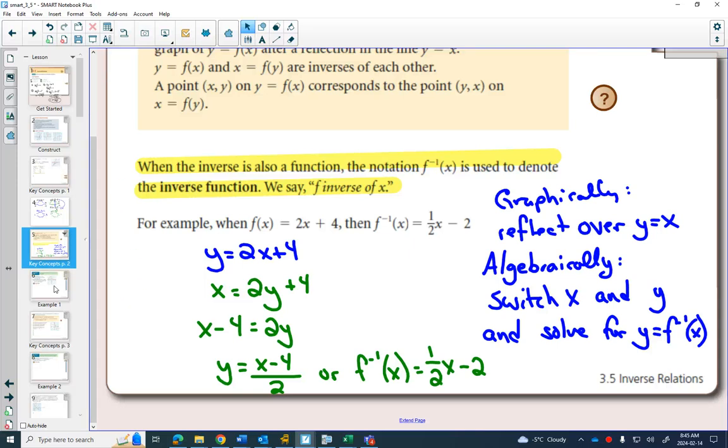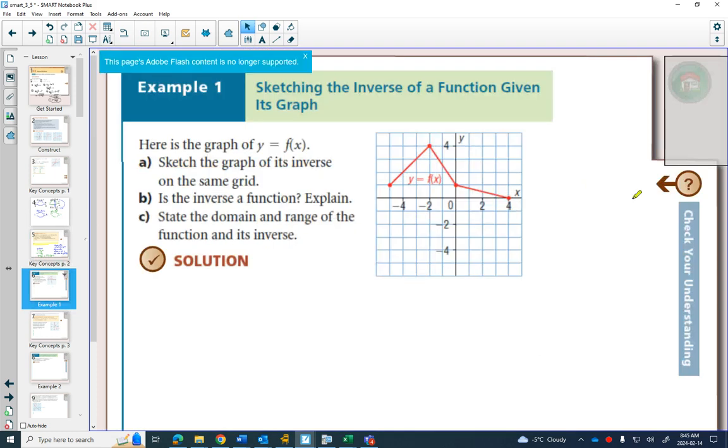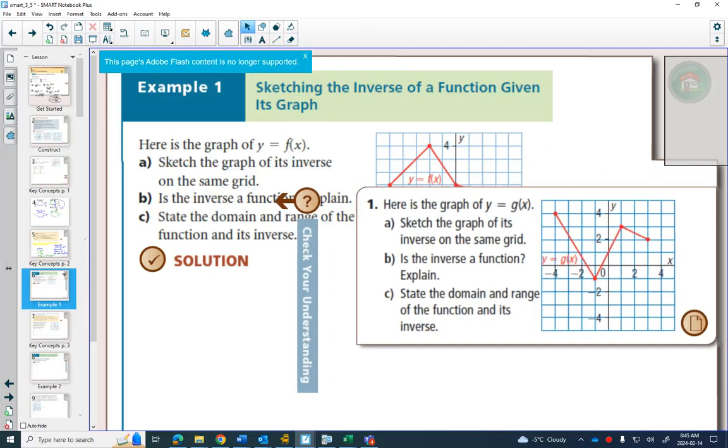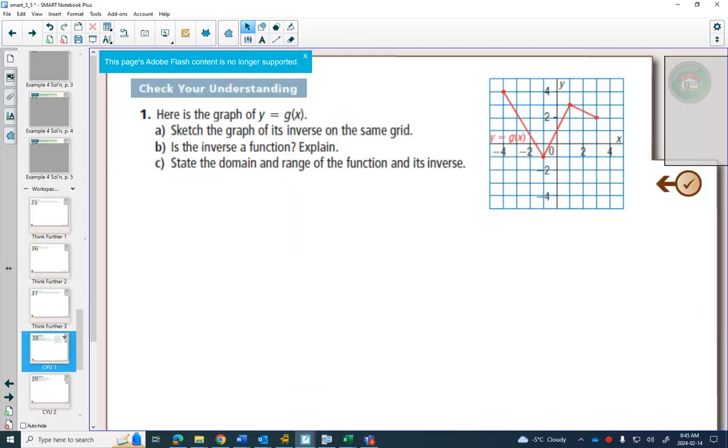So if we go to our first example, they give us the graph of g of x, and in blue we want to graph the inverse. So two things we could do.